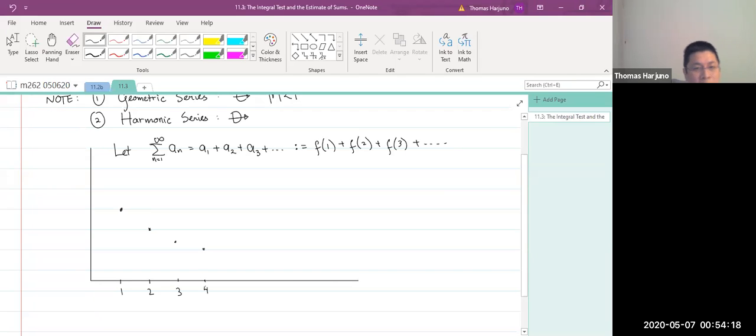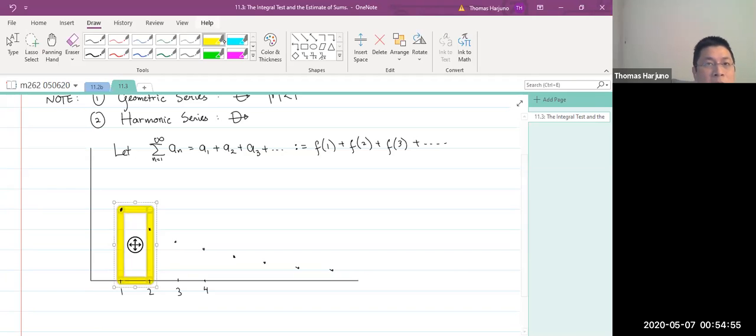Now, how do we add these dots here and find the sum? One way is to imagine the following. What we need to add is actually the area of this thing. Go back.